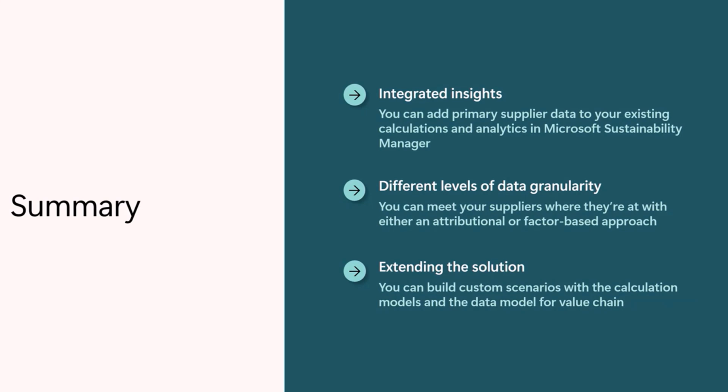Number 2, based on your and your supplier's preferences, you can attribute their emissions or activities, or use their factors or PCFs directly in your calculations, or a combination of both approaches. And number 3, because value chain calculations are within the calculation engine in Microsoft Sustainability Manager, you can extend the solution to fit your specific needs.